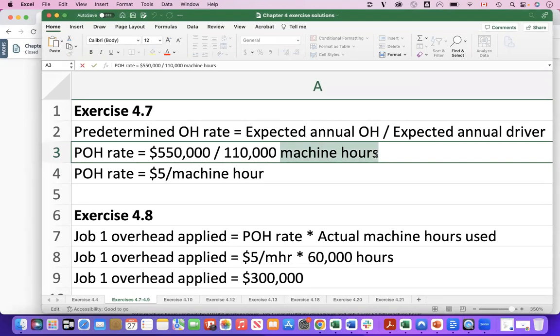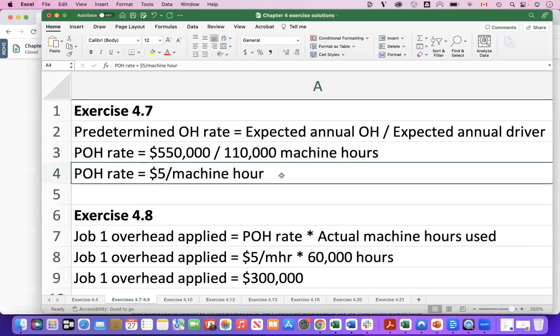They feel that machine hours is the best indicator of when overhead is being incurred for Nowitzki Corp. Assuming that's correct, we're going to get a more accurate allocation of overhead than by using a different cost driver. They estimate they're going to use 110,000 machine hours, and they get a predetermined overhead rate of $5 per machine hour.